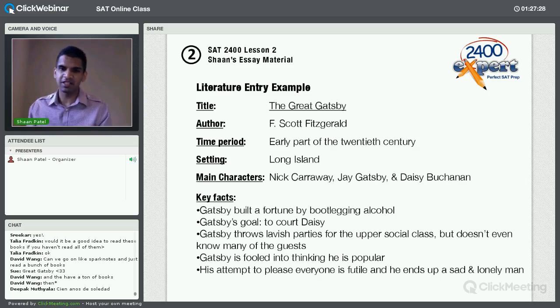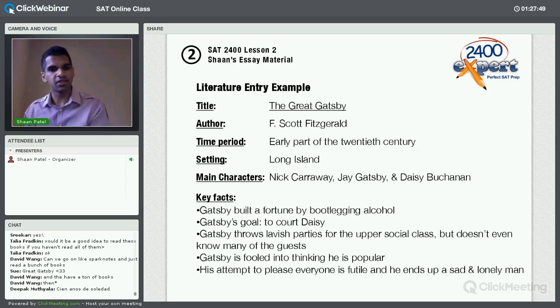If something's happening in the 2000s, you would say 21st century. If something happened in the 1800s, you would say 19th century. You can say 1900s, 1800s as well, but you might want to throw in the century. It just makes things look a little bit more sophisticated.